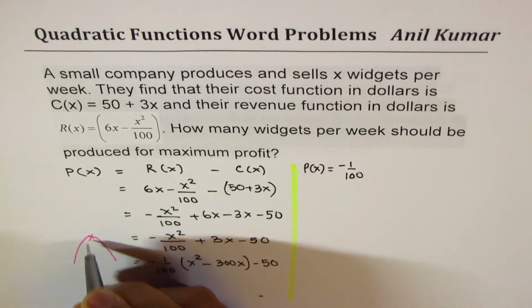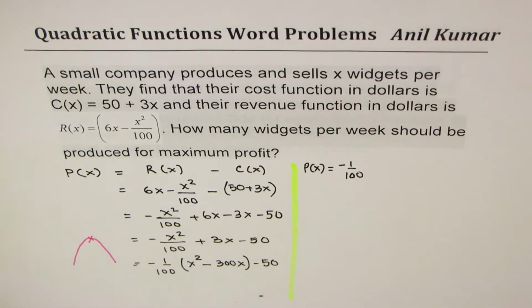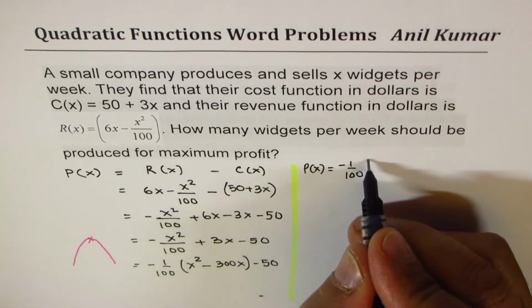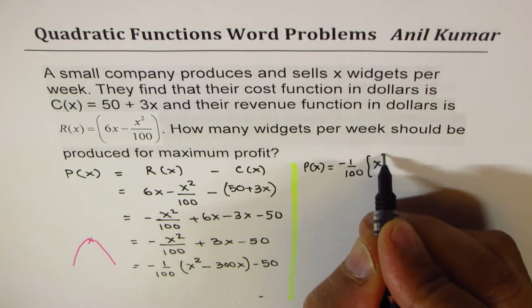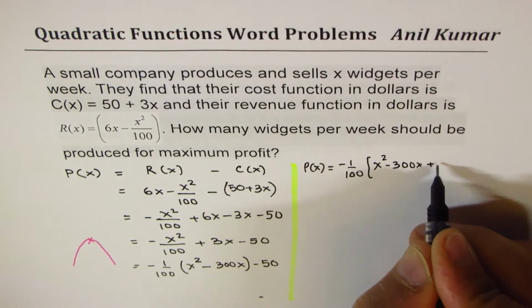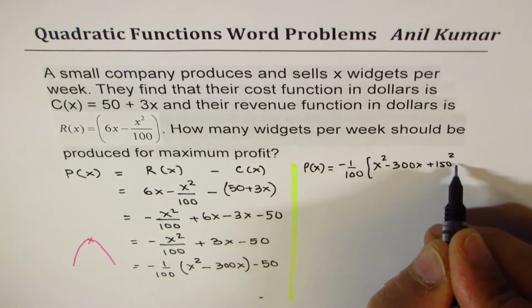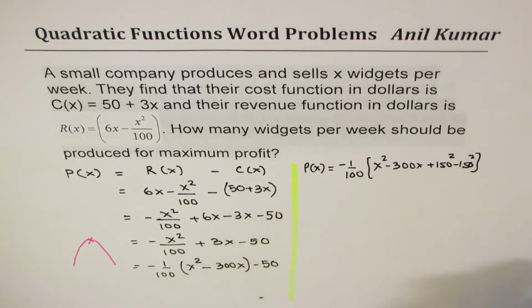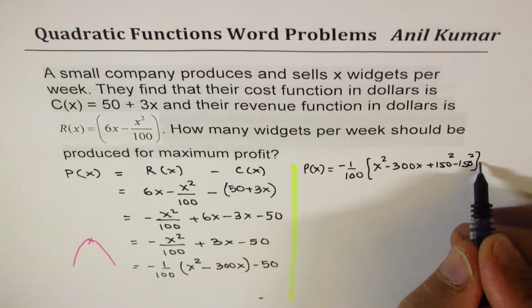So we are looking for a maximum. Now half of 300 is 150. So we can write this as x² - 300x + 150² - 150², correct? So we add and subtract the same number, which is 150 in our case.